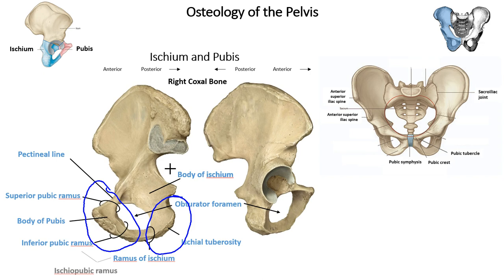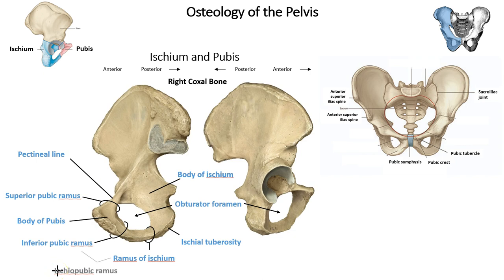Looking at the pubis, we can see the pubis has a main body, and coming off that body is a superior and an inferior pubic ramus. The ischium has a body as well. We would call this the body up in this area, and off of that comes a ramus.